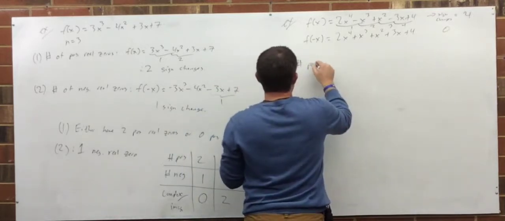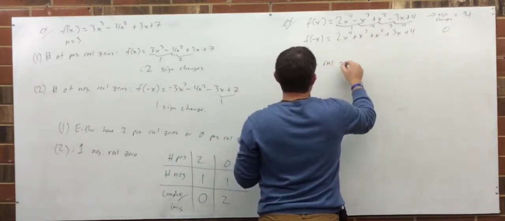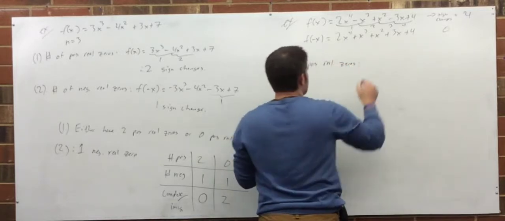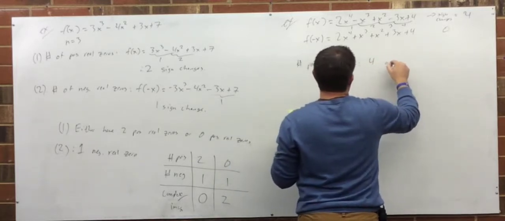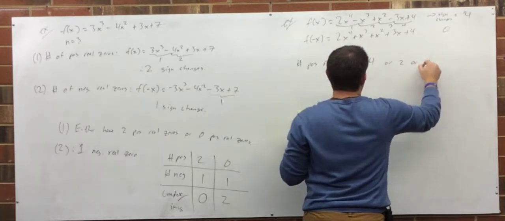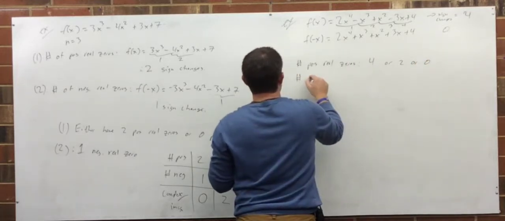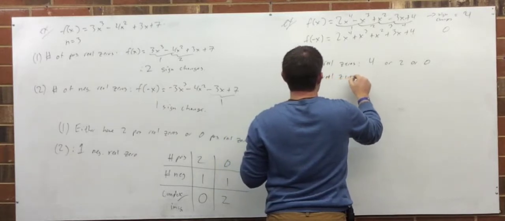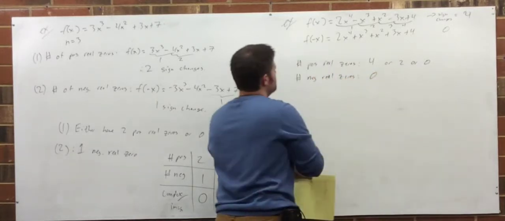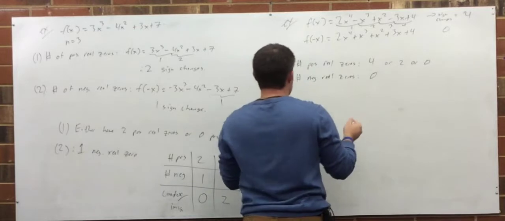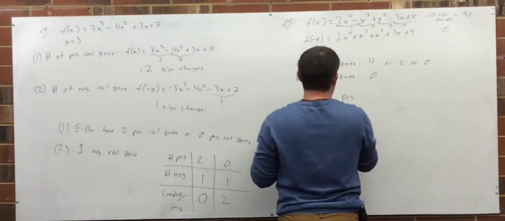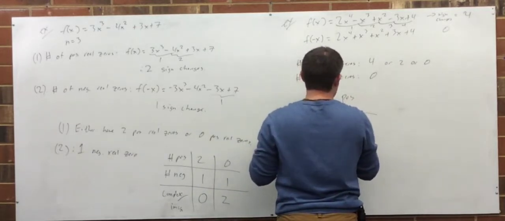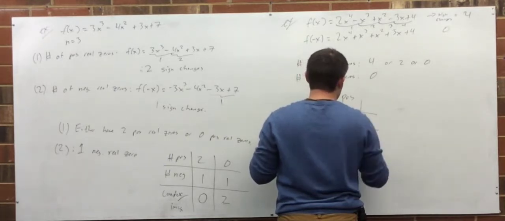So what does that tell us? The number of positive real zeros can either be 4 or 2 or 0. The number of negative real zeros is just 0. So what does our chart look like? Positive, negative, and complex / imaginary.